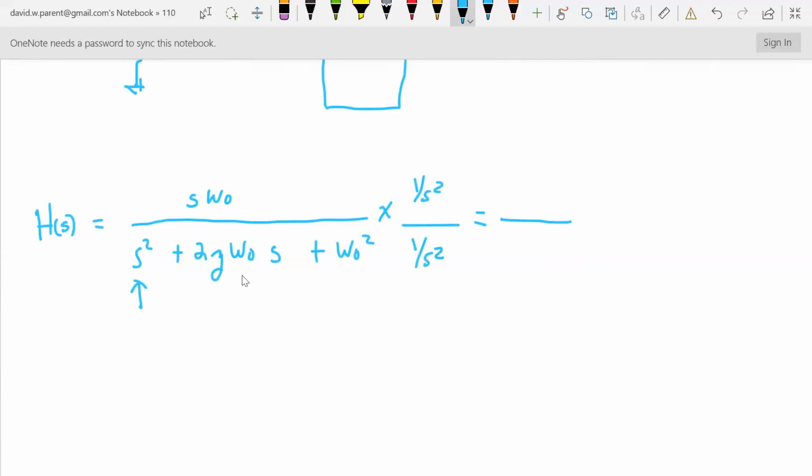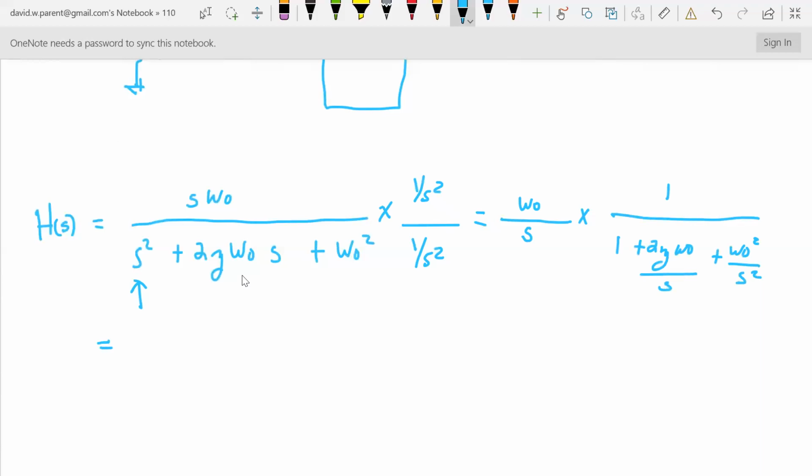So that will give us omega naught divided by S, over 1 plus 2 omega naught S plus omega naught squared S squared.